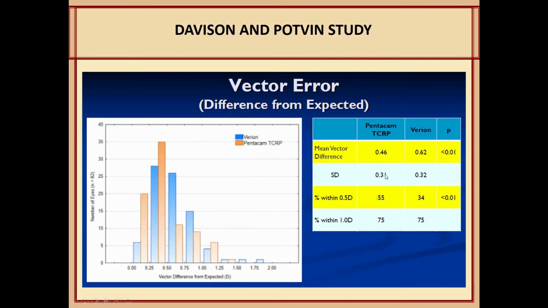Although this is fantastic, I still think 55% within half a diopter is really not optimal results. And we're working on seeing the different values given by the Pentacam to see if that can improve it a little bit more. But at the present time, with what we have available, it's amazing that the Pentacam with the total corneal refractive power is giving better results than the Varian.